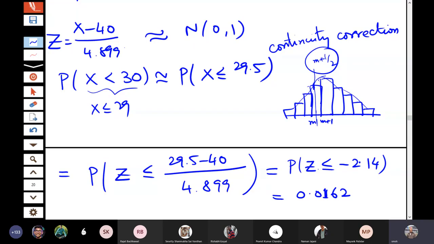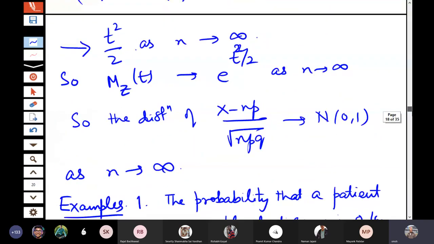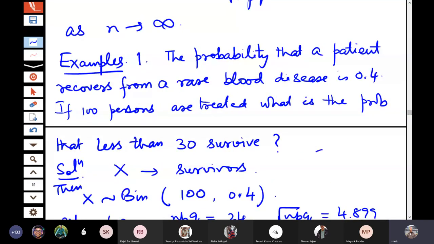Is that okay? Could you understand this approximation? Since this is binomial with n = 100, if I want to calculate that probability directly, I will have to calculate the sum of 100Cj times 0.4 to the power j times 0.6 to the power 100 minus j, for j equal to 0 to 29.